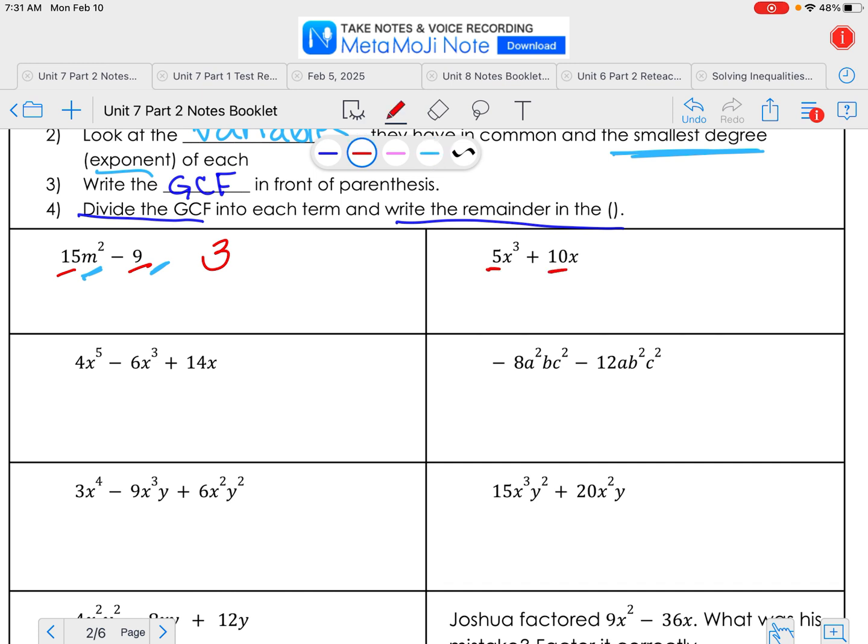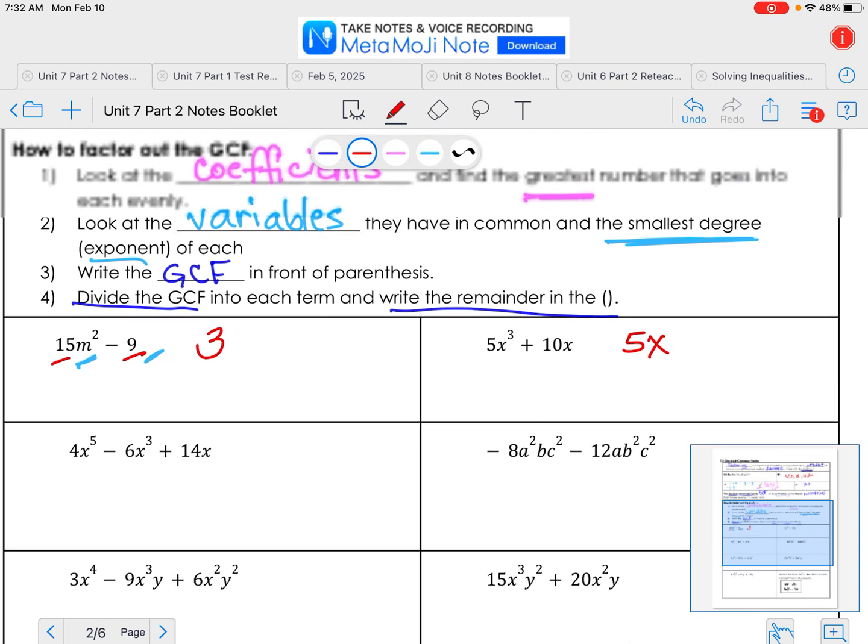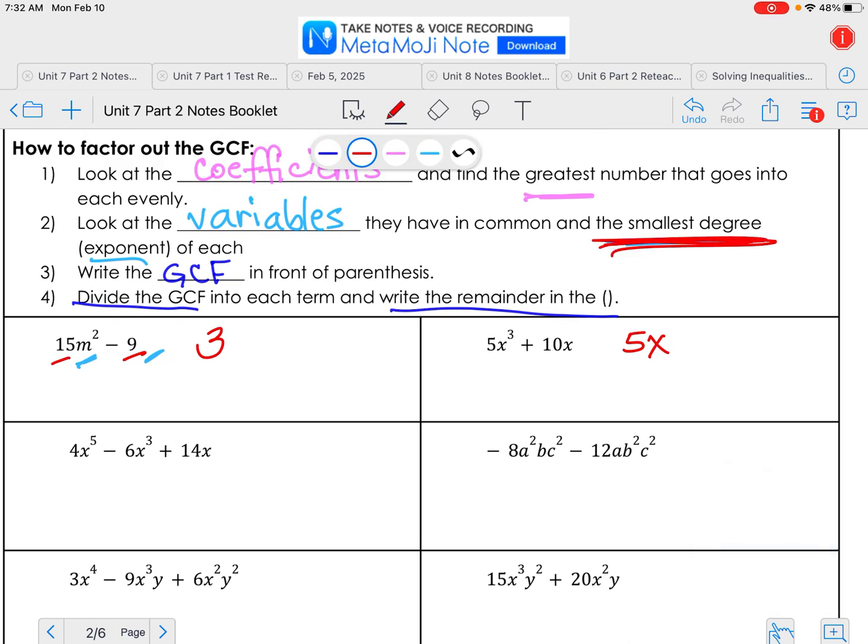The 5 and the 10 have 5 in common. Now, they both have at least one X, but this one has 3, this one only has 1. So they only have one X in common. And remember up here where I said go to the smallest degree. So since this is 3 and this is 1, 1 is the smallest, that's your GCF.